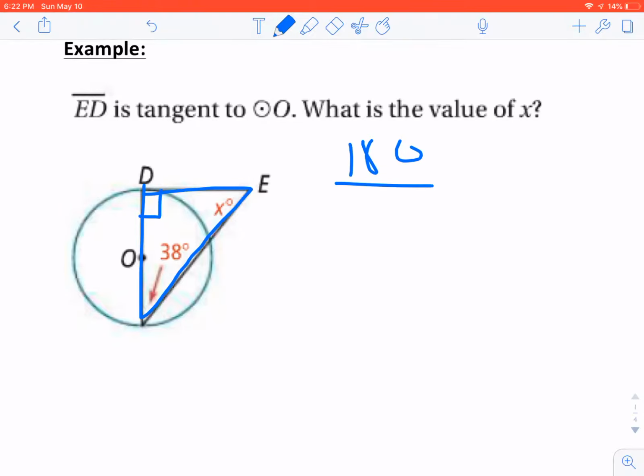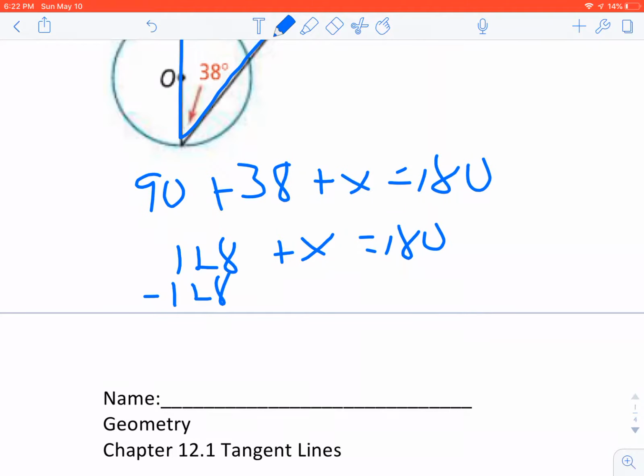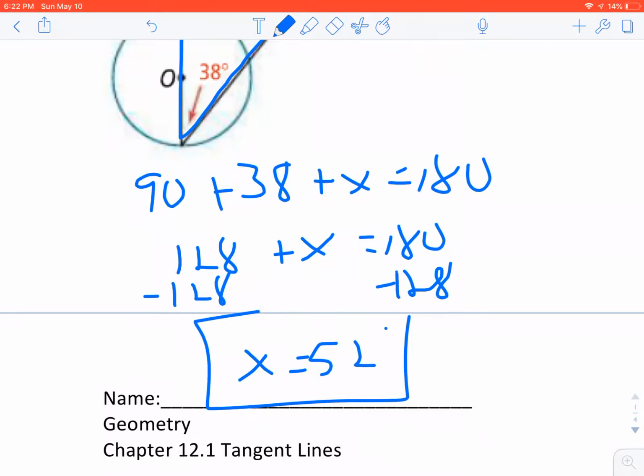So 90 plus 38 plus x equals 180, and if we add up our 90 plus 38, we get 128 plus x equals 180. And 180 minus 128 is 52 degrees.